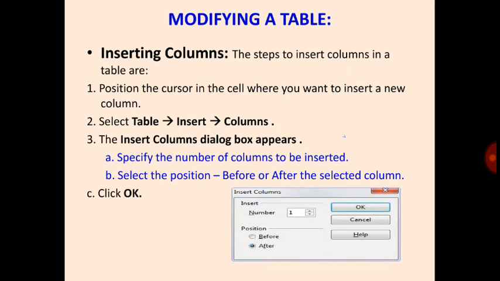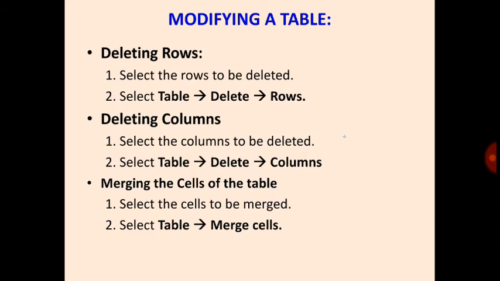In order to insert a column, the steps are: position the cursor in the cell where you want to insert the new column, then go to table, select insert, and then columns. The insert columns dialog box appears where we specify the number of columns to be inserted, and then we select the position either before or after the selected column and click the OK button to insert the required columns.